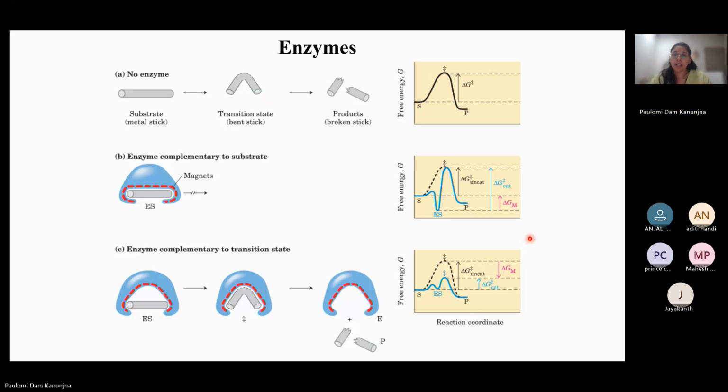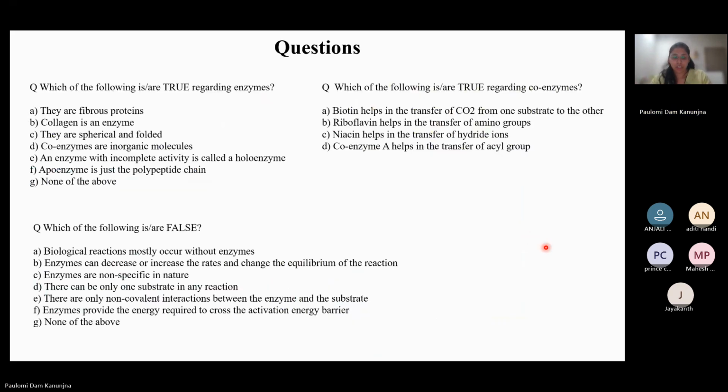Okay. So let's move to some theoretical questions before we move on to the maths of enzymes. So you have 3 questions here. Let's quickly answer these. The first one says, which of the following statements are true for enzymes? They are fibrous proteins. Collagen is an enzyme.